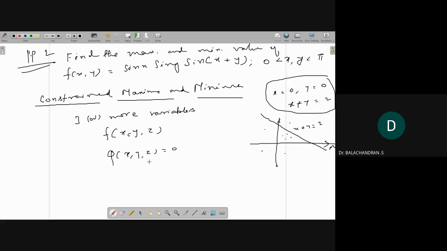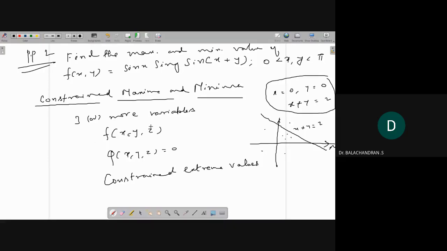So x, y, z are connected by a relation like this. The extreme values of this function in such a situation are called constrained extreme values. We need to find the maxima minima subject to this condition or constraint.